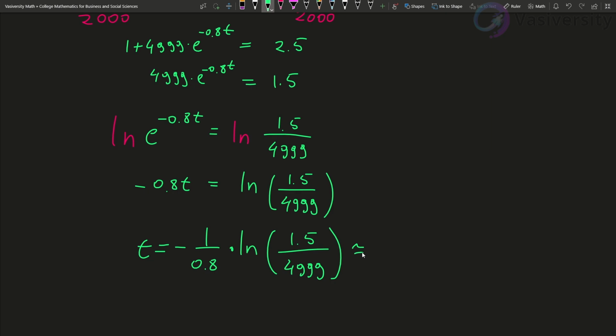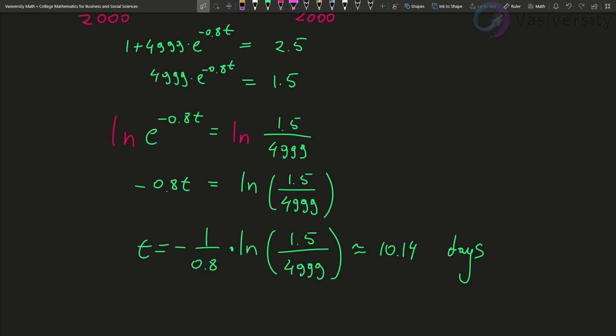If we simplify it, we're going to get roughly 10.14 days, right? So after 10 days, there are going to be at least 2,000 students who are infected. So the college will have to cancel classes after 10 days.